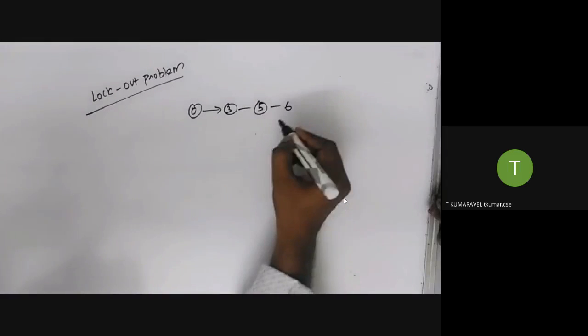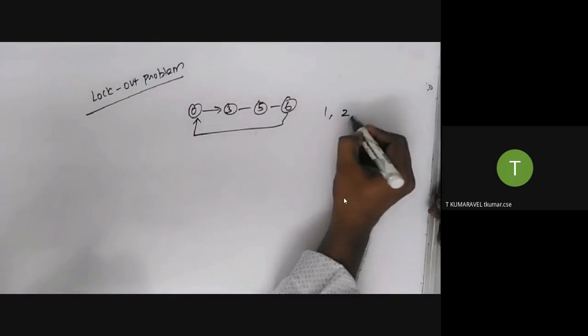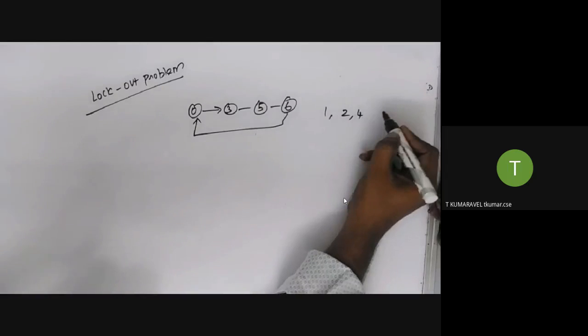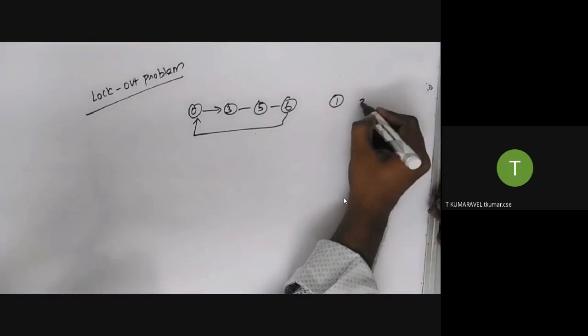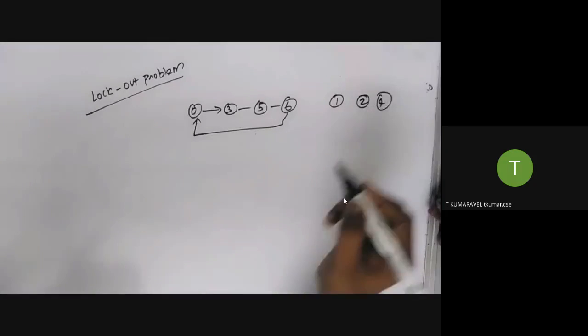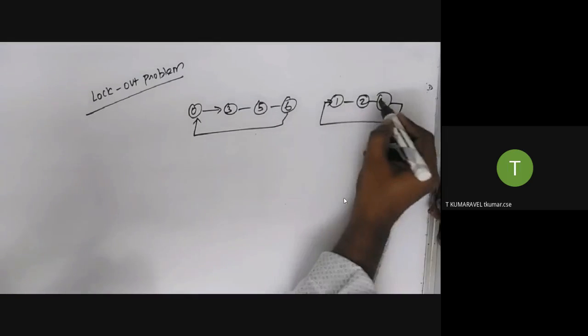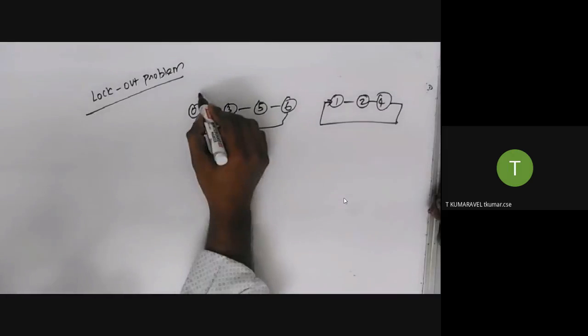What are the left out states? 1, 2 and 4. Here, which one is the starting state for the given problem? 0. This is the starting state.